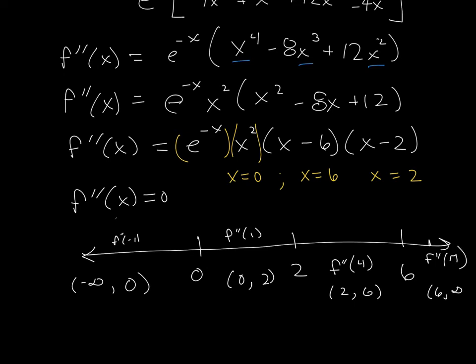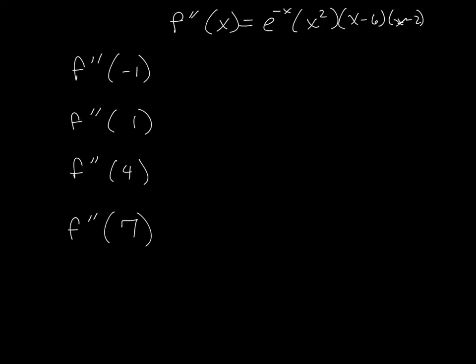So I'm going to go ahead and do these on a different slide, and then we're going to come back to this range that we have here. I'm taking all of these values and plugging them into my second derivative to see what is going on. And remember, what we're really worried about is whether the value is going to be positive or negative. So as I plug in -1, 1 over e to the x is always going to be positive.